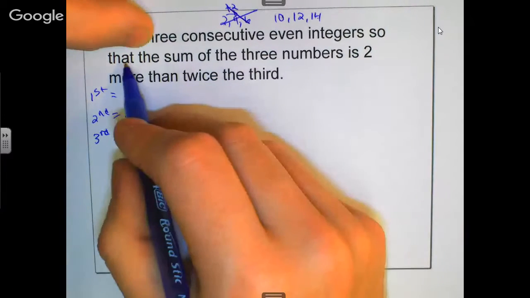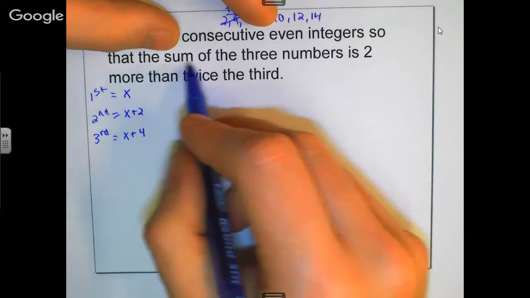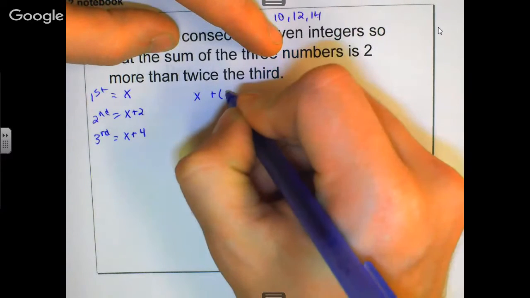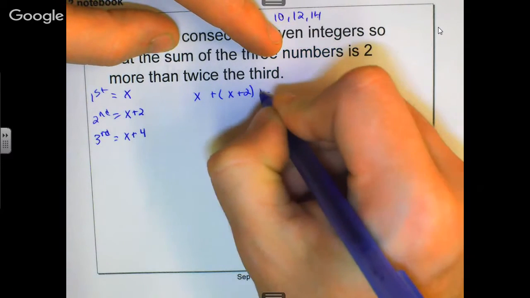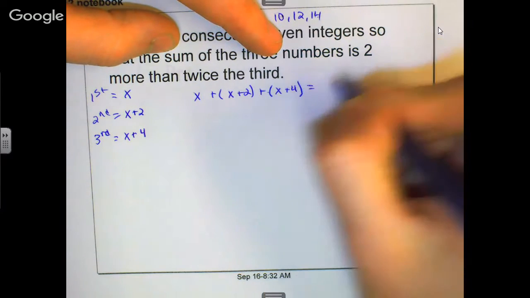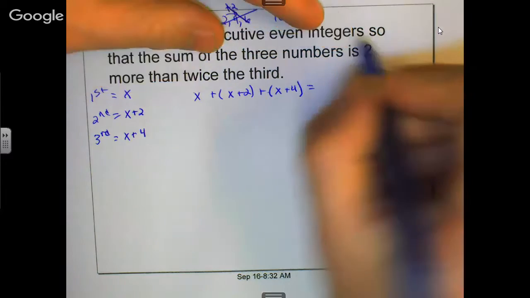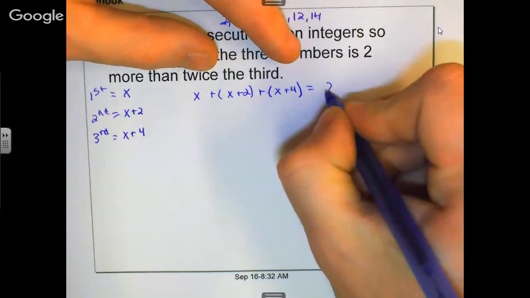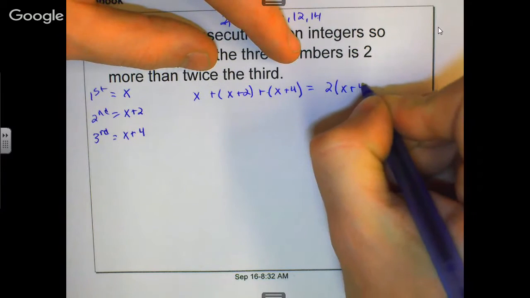Then we plug it in. The sum of the 3 numbers, so we'll take x plus x plus 2 plus x plus 4, equals 2 more than twice the third. So twice the third is 2 times x plus 4.